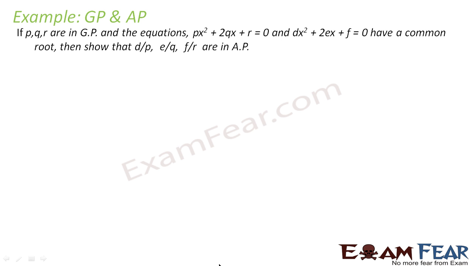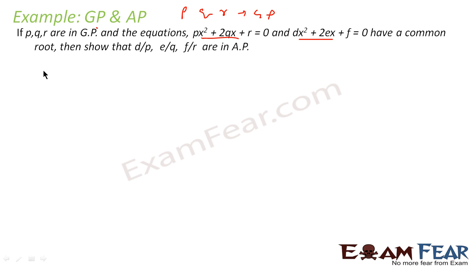In this question we are told that p, q, r are in GP. And also the equation px square plus 2qx plus r and this other equation have a common root.